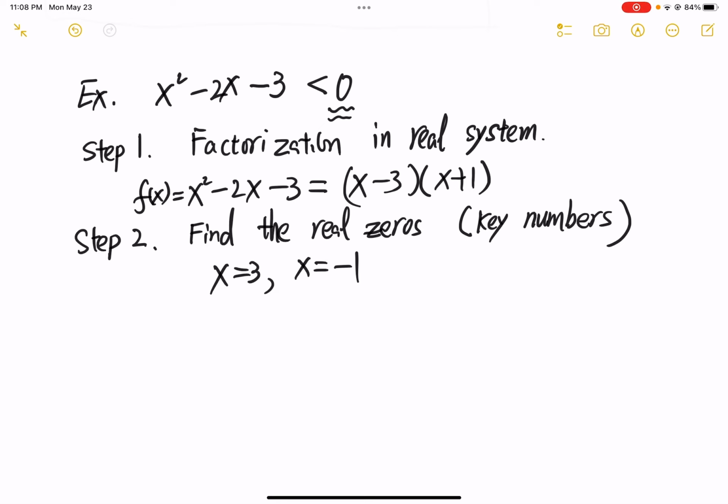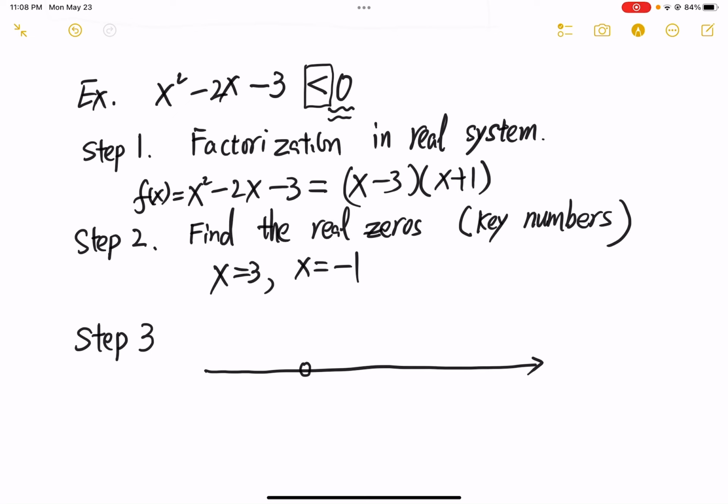Now step 3 is we need to locate these real zeros on the number line, the x-axis. Since here it is less than, with no equal to 0, we just locate these two real zeros with a hollow circle.